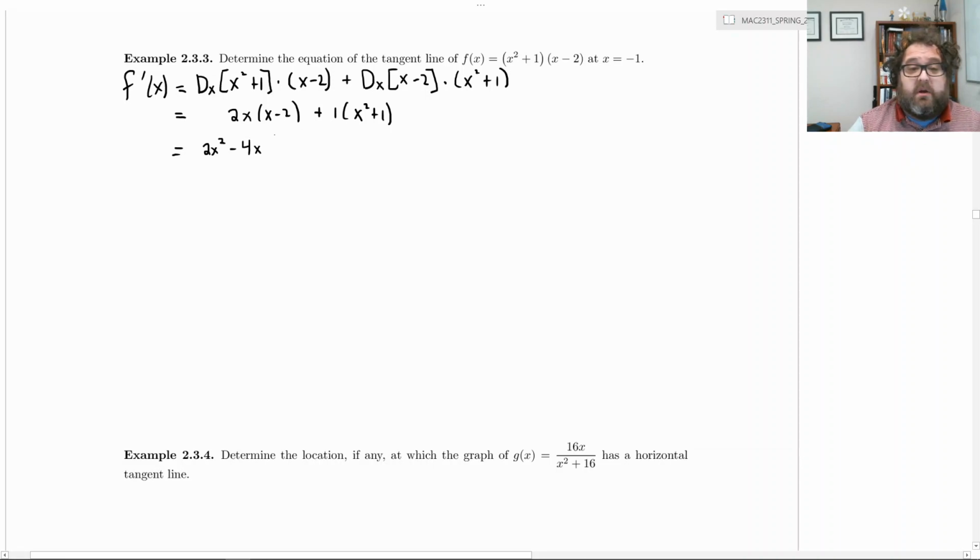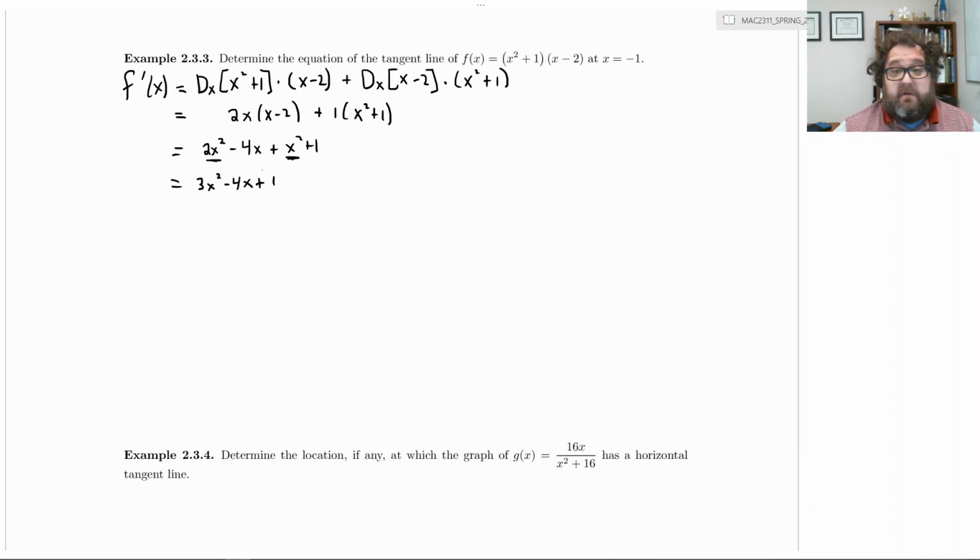So plus x squared plus 1. And so we have 2x squareds and 1x squared. So that's 3x squared minus 4x plus 1. Okay.